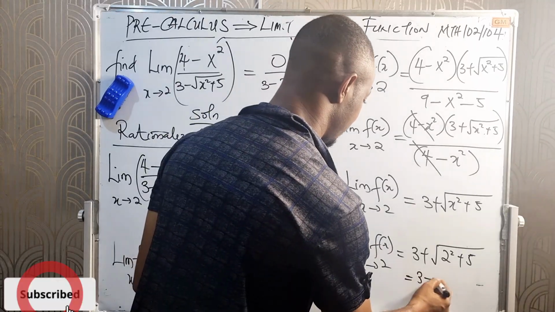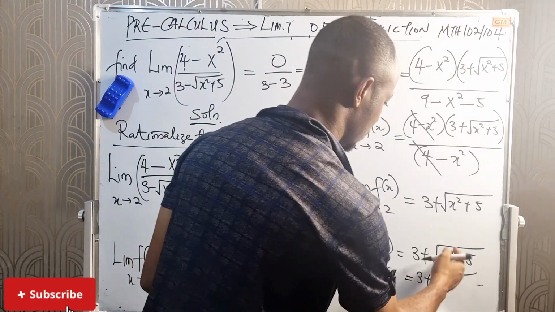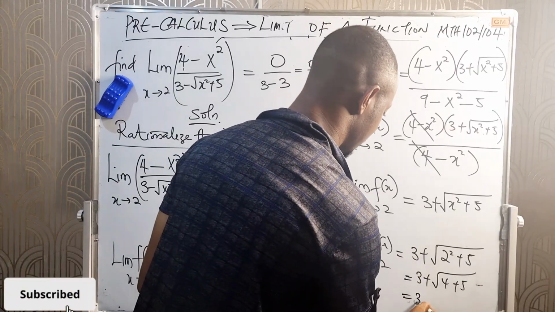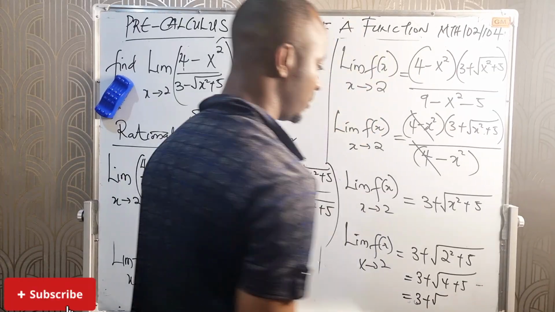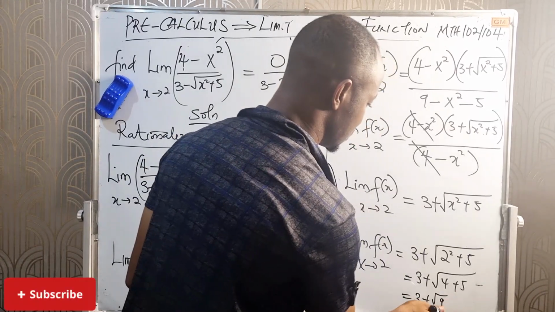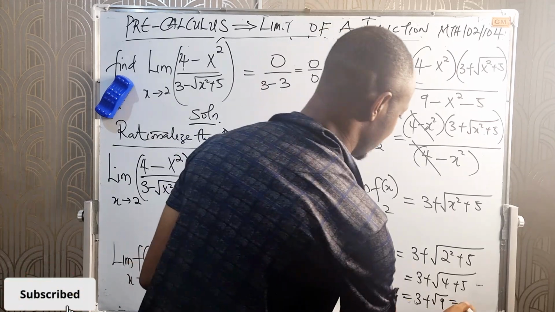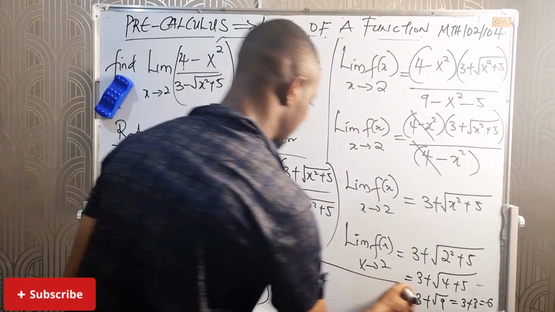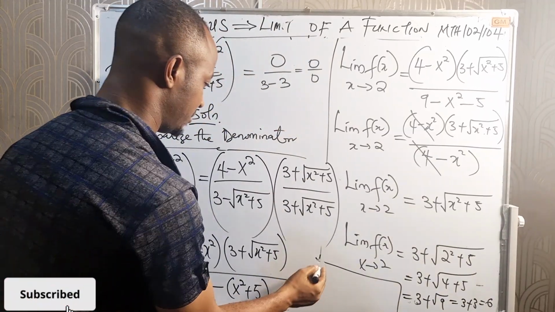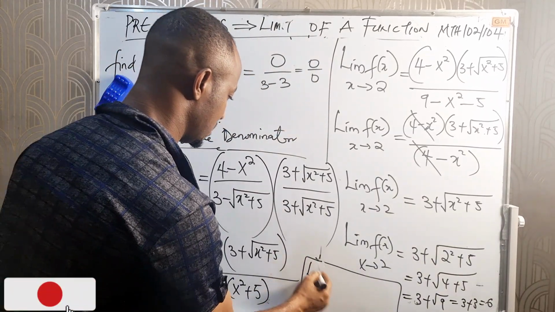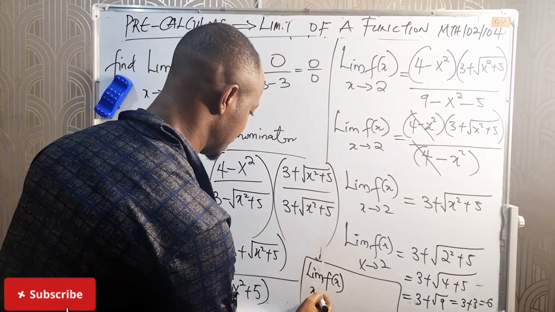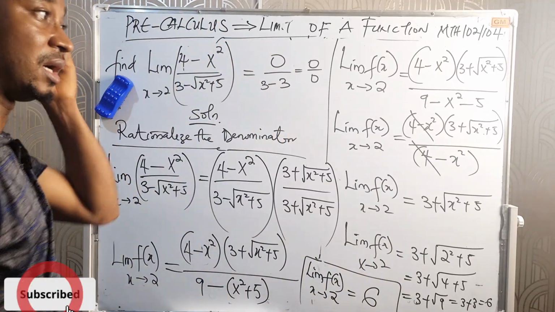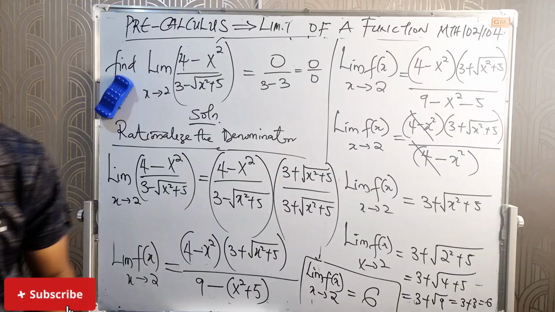So 2 squared is 4, plus 5. That will give us 3 plus root 9, so root 9 is 3, 3 plus 3. The answer is 6. So that implies that the limit of f of x as s approaches 2 is simply equal to 6. Are we seeing it? This is how simple this can be.